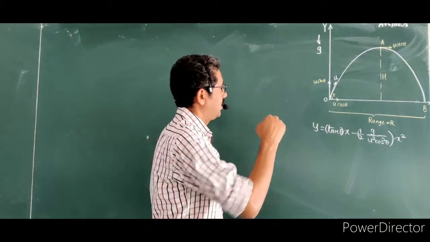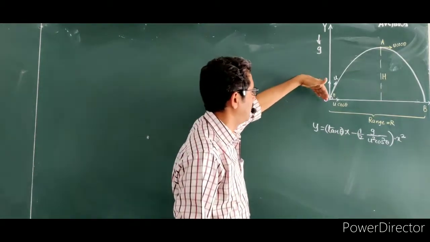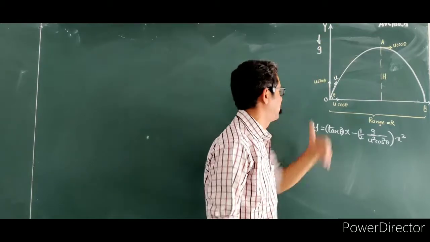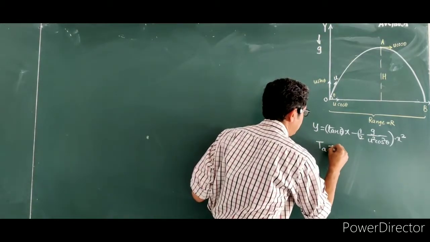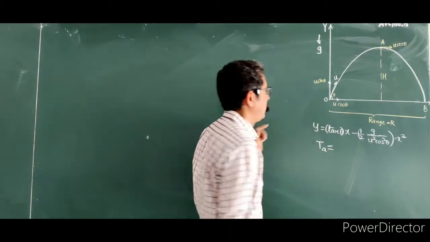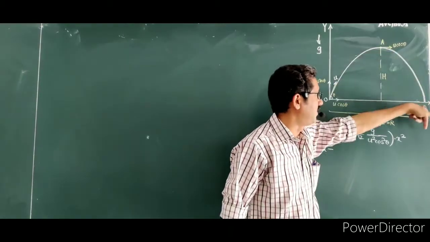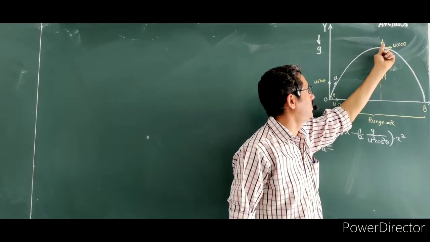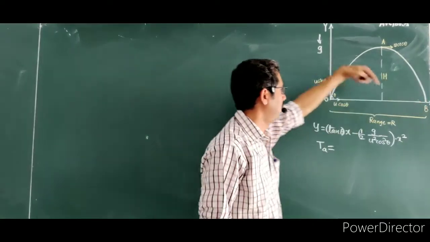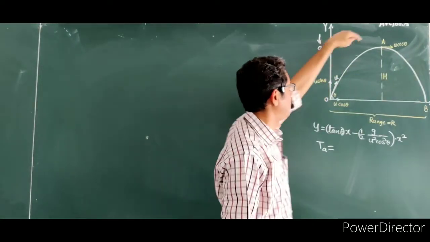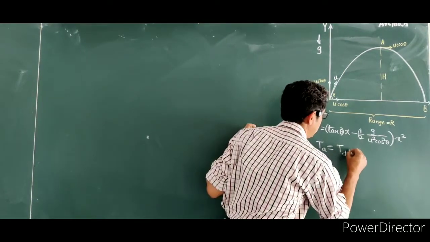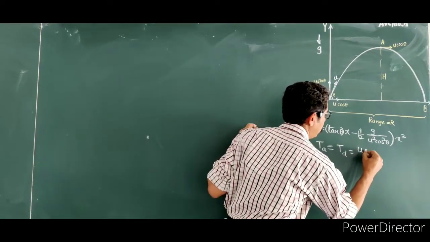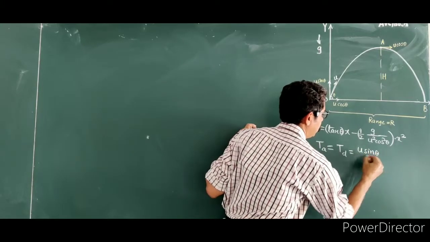We also found how much time is taken by this projectile to reach the maximum height. We called it the time of ascent, and it was proved to be equal to the time of descent, the time taken to start from A and reach B, and to start from O and reach A. Both these times were equal, and each is equal to u sin theta divided by g.